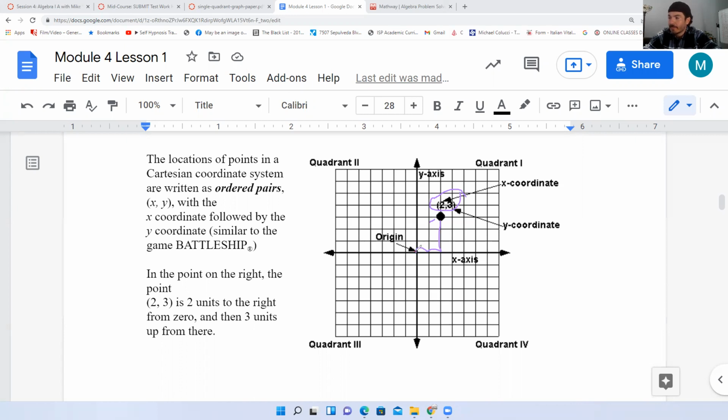Vertically, I'm 1, 2, 3 from the origin, 0, 0. That's why this number here is a 3. My x is a 2, 1, 2. My y is a 3, 1, 2, 3. Okay, this is a really important point.